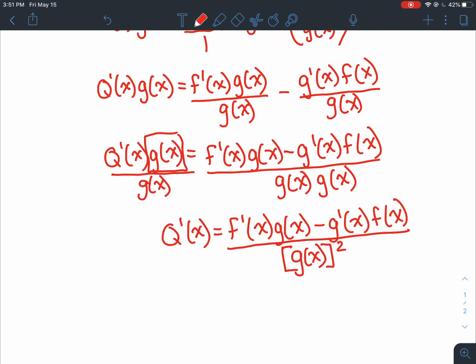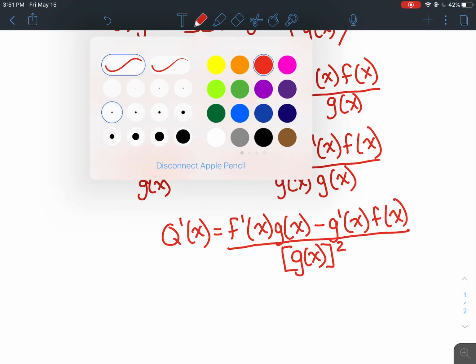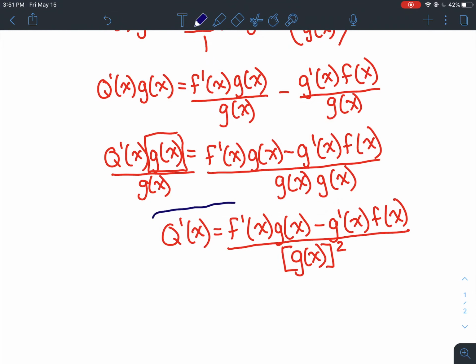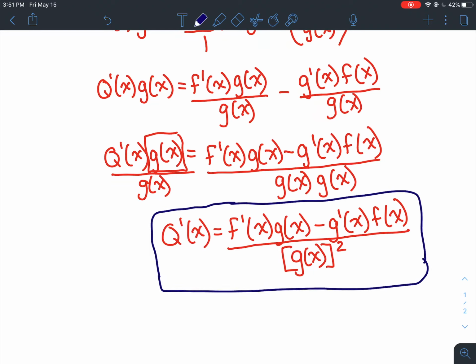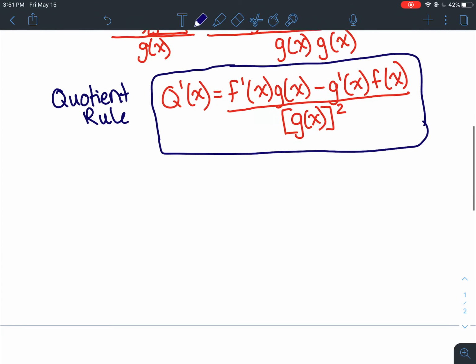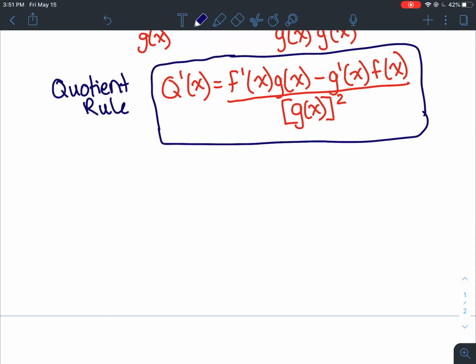We just derived the quotient rule from the product rule. So this is called the quotient rule, and it can be used when you've got two functions divided by each other.